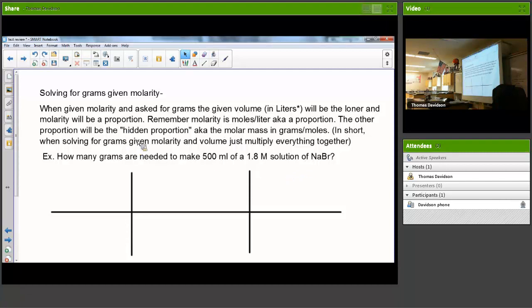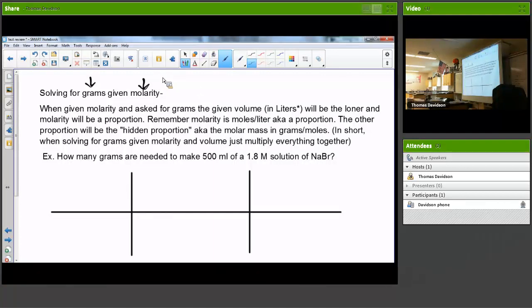So here we go. You're going to be asked to find the grams, and it gives you the molarity.